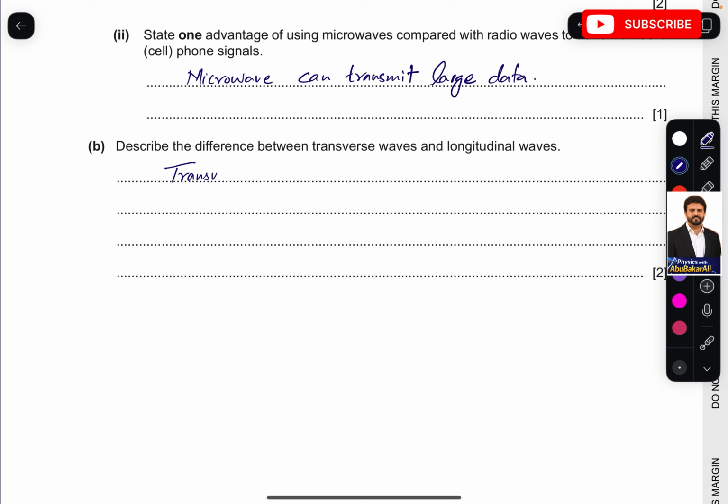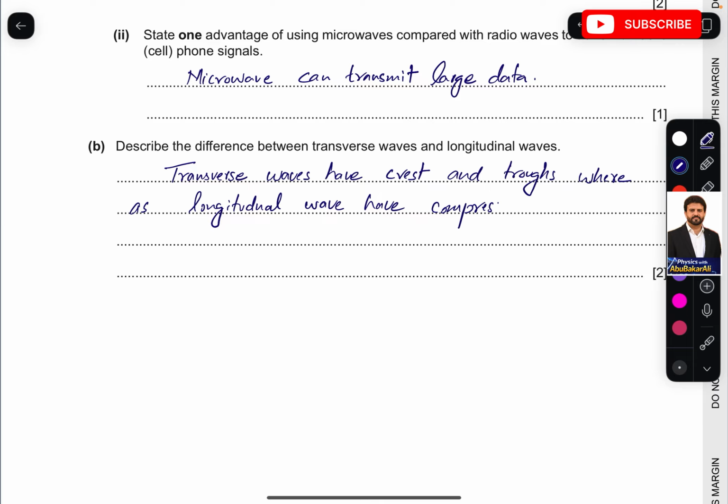So transverse waves have crests and troughs, whereas longitudinal waves have compressions and rarefactions.